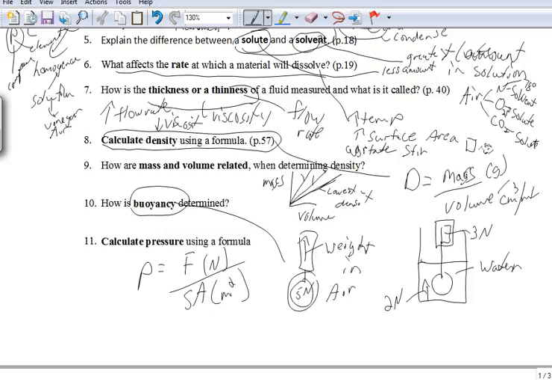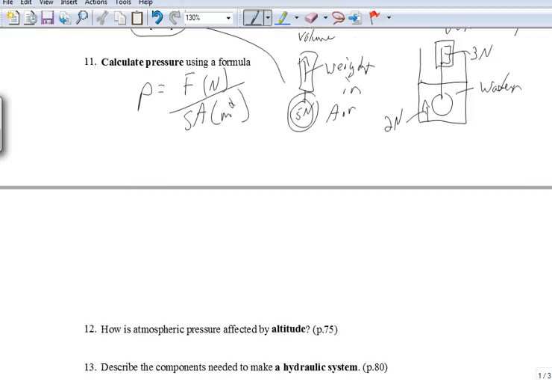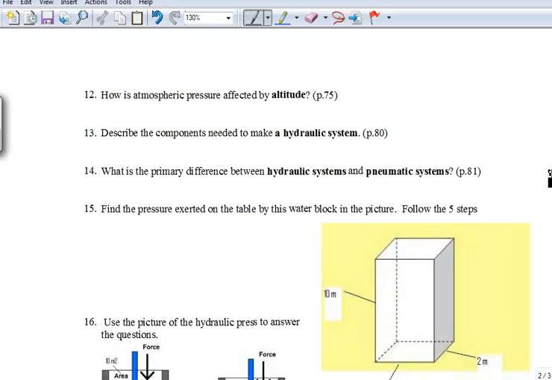Next question. Scroll down. How is atmospheric pressure related to altitude? So here's my mountain. This is sea level, so the water. As you climb up the mountain, you have a column of air pushing down on you.